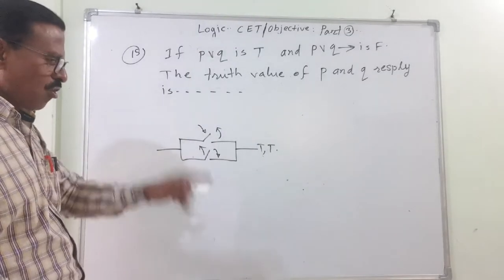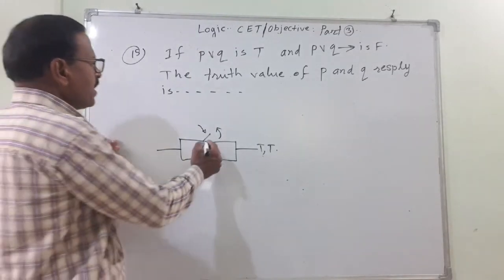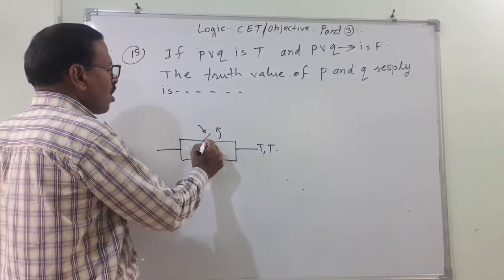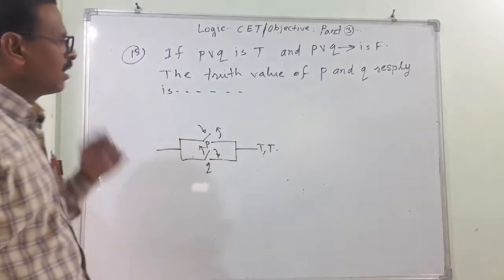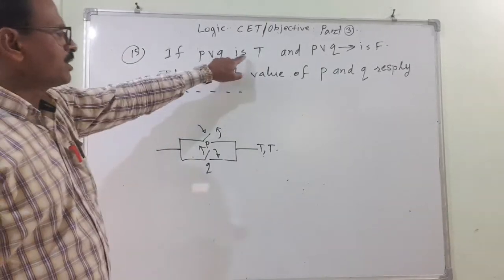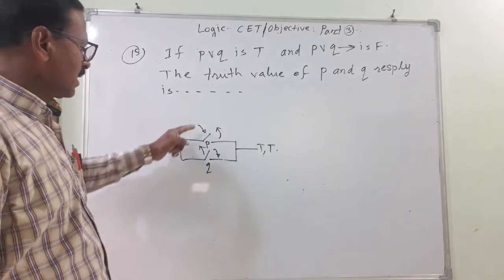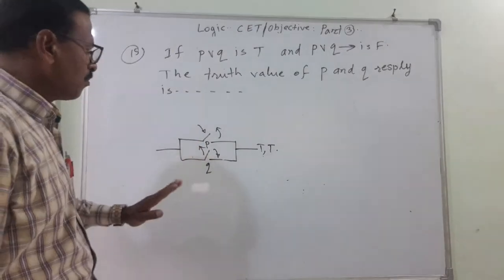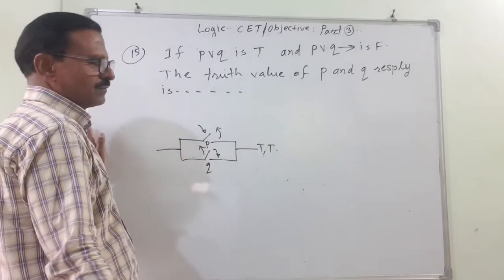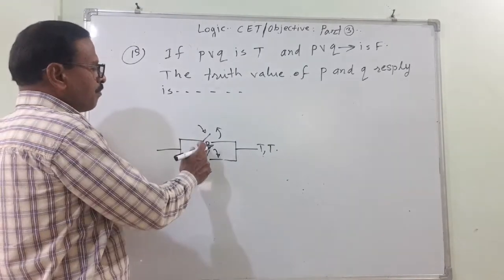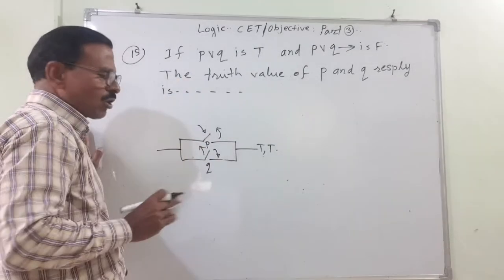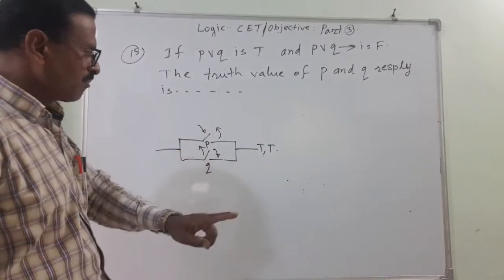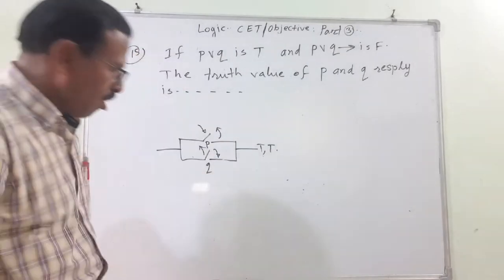I don't know who is on. This is P and this is Q. Both of them may be on, or one of them may be on, because it is true. Either this is on, this is off. This is off, this is on. Both of them are not off. That's sure. P is not off and Q is also not off. Both of them simultaneously are not off. At least one of them is on or both of them are on.